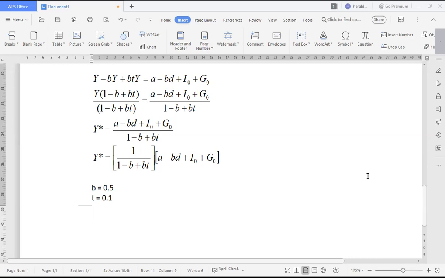Okay. Or it's possible, because I tried substituting some values for A, B, D, and T, in the answer we got, the answer above.